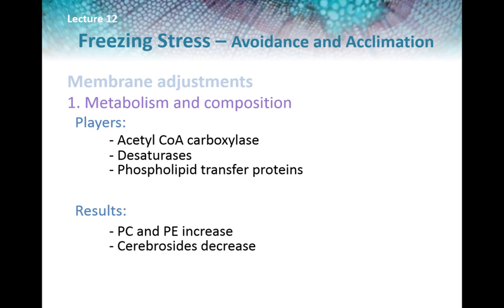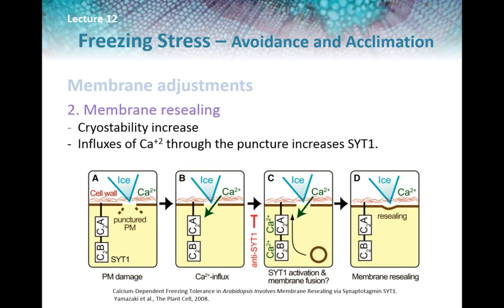One of these shifts as plants acclimate is to increase the proportion of glycerol-based phospholipids such as phosphatidylcholine or PC and phosphatidylethanolamine or PE at the expense of cerebrosides. Some scientists believe that increased levels of phosphatidylcholine with unsaturated fatty acids are largely responsible for avoiding dysfunctional membrane configurations like the HEX2 phase.